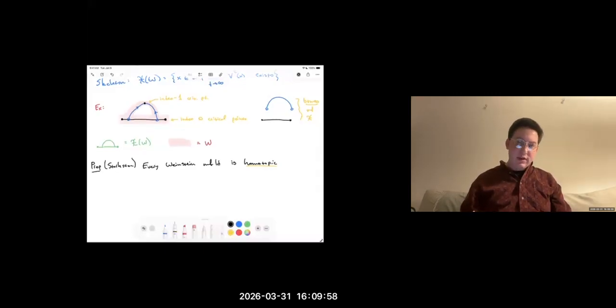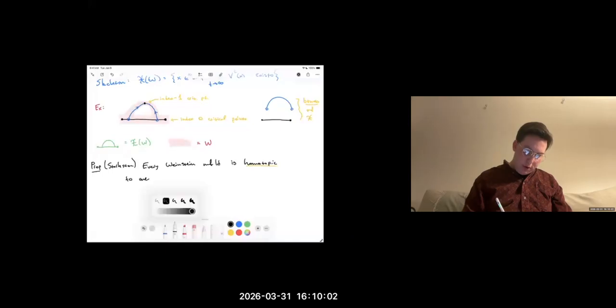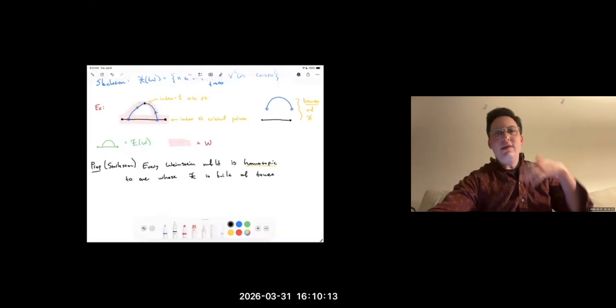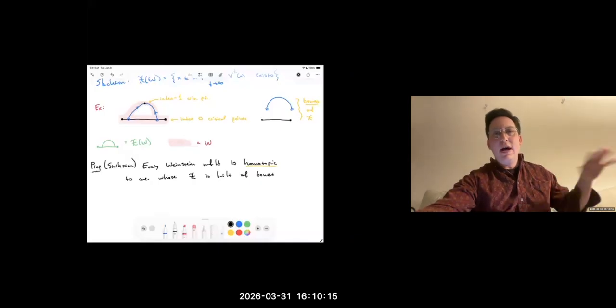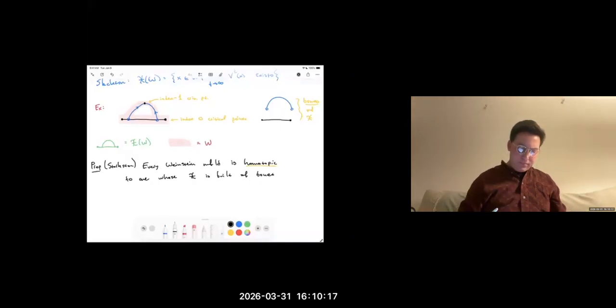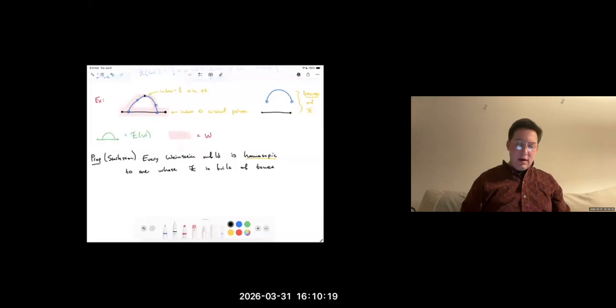Every Weinstein manifold is homotopic to one whose skeleton is built of bones. And again, I haven't said exactly what the technical condition is, mostly because this is all motivation for the algebraic work that I'll talk about later. But this is the idea.